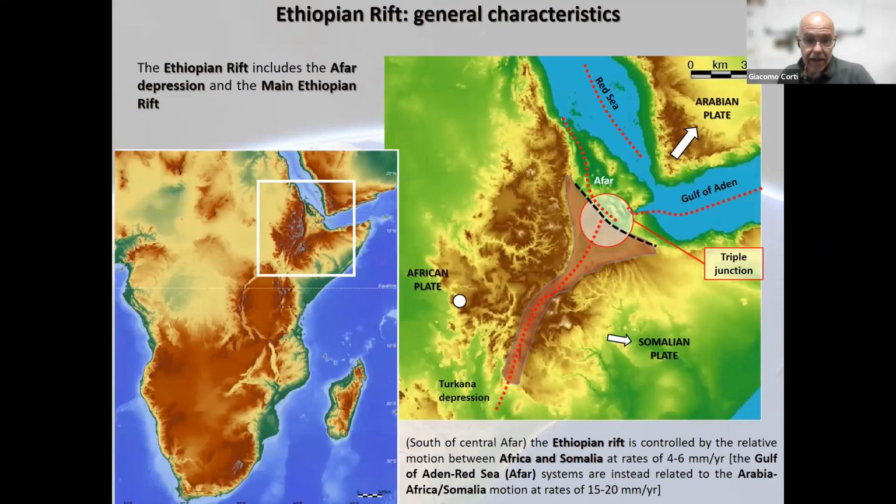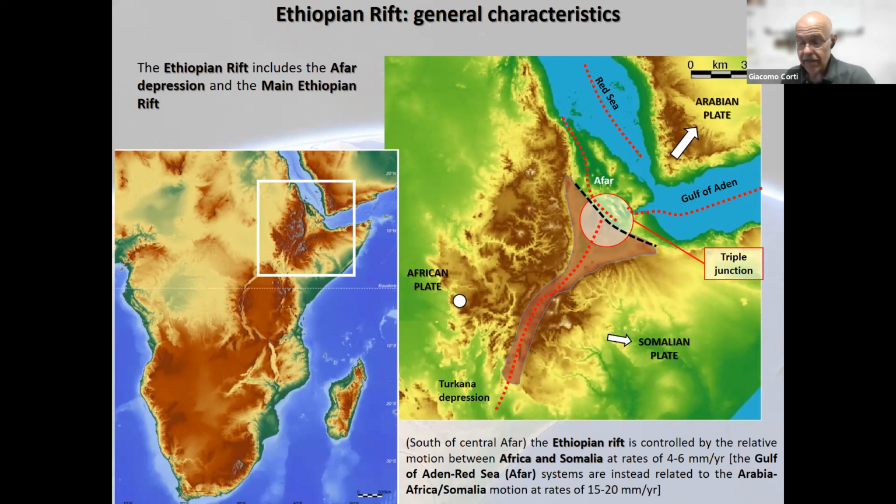We are in the northernmost sector of the East African rift, where the continental rift valley of East Africa links to the oceanic domains of the Red Sea and Gulf of Aden.